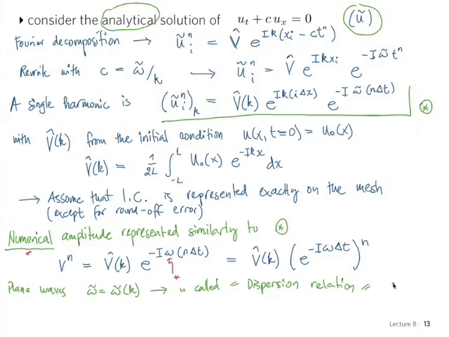So now let's write this with the amplification factor.